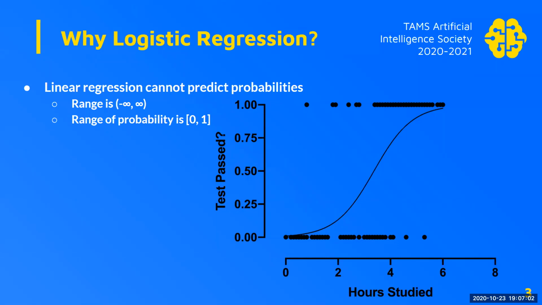But the thing with logistic regression is that it also takes numerical or continuous inputs, which is interesting. So when you see a graph like this, if you just ignore the logistic regression line, you can see it gives you information about whether or not somebody passed the test and how many hours they studied.